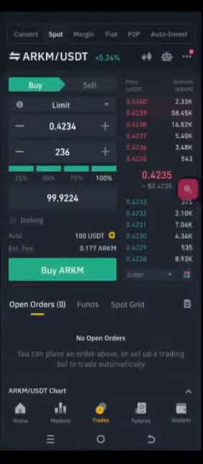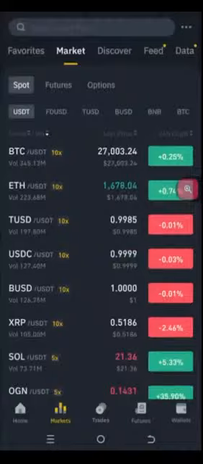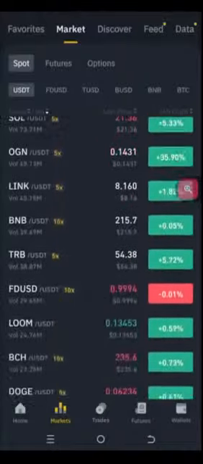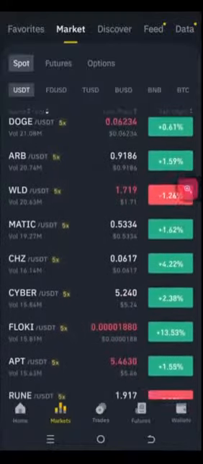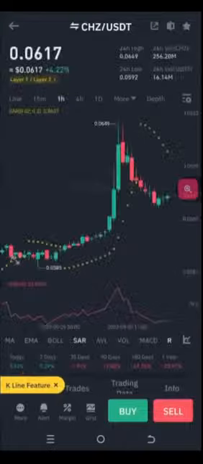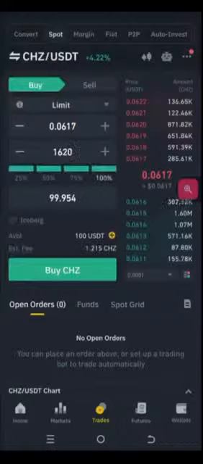So let's look at a smaller price coin. Let me go back to markets and look at another one that's cheaper. Let's look for one that's less than $1, so less than 10 cents. Look at this one. This is CHZ. It's 6 cents. If I try to buy this and I pick 100%, can you see now I have 1,620 pieces of CHZ.